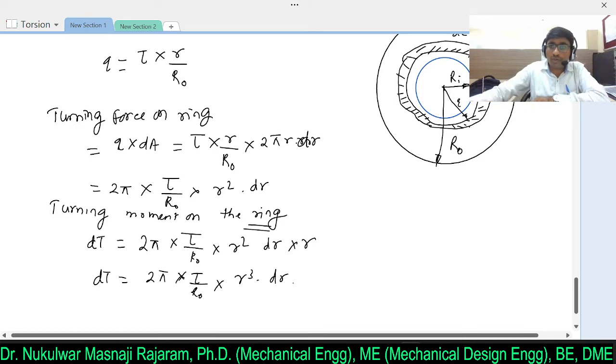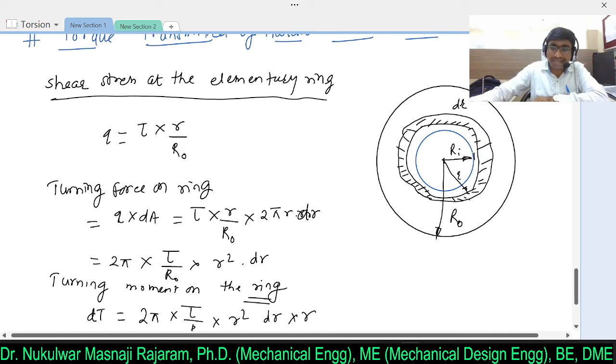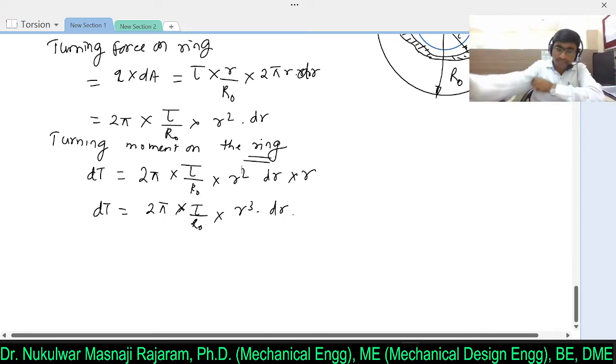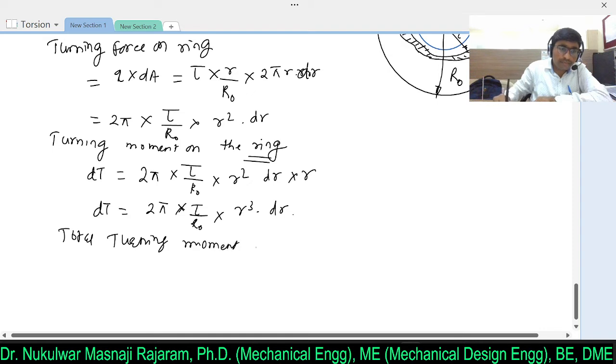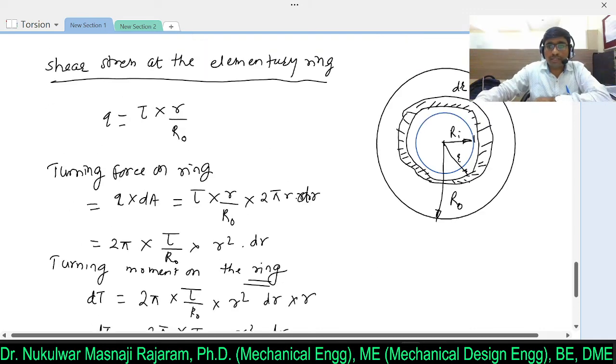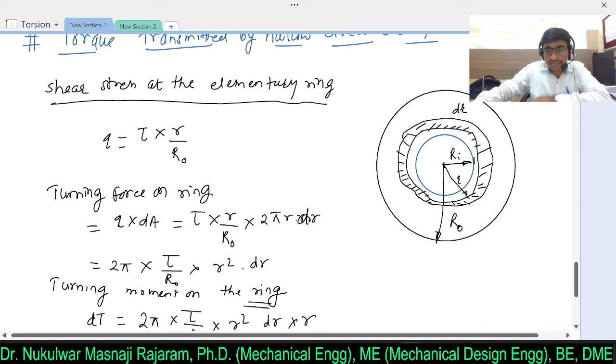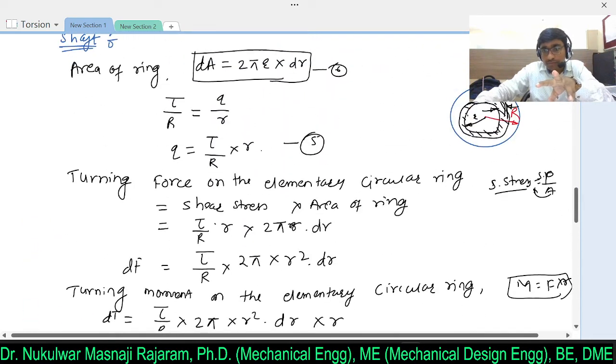What we want is total torque on this particular entire object. So for that purpose I must consider the integration. So here I will write total turning moment, or we can say total torque on a body. So that will be T equal to integration. So here can I write from 0 to R? No. Why? Because this is a hollow shaft. So previously, if you observe, it was the entire solid shaft.